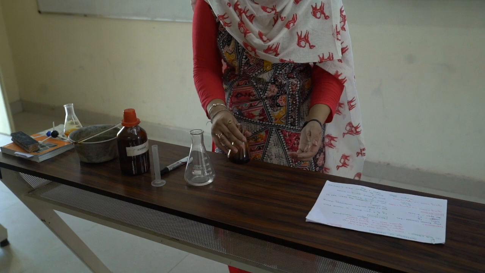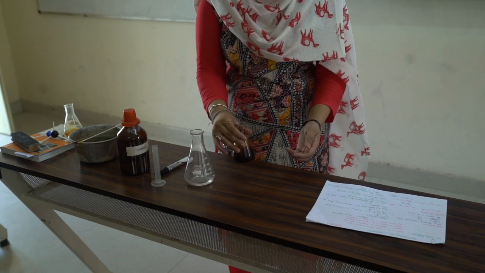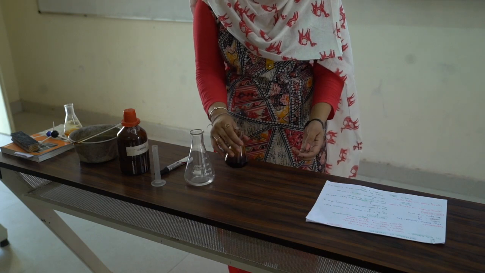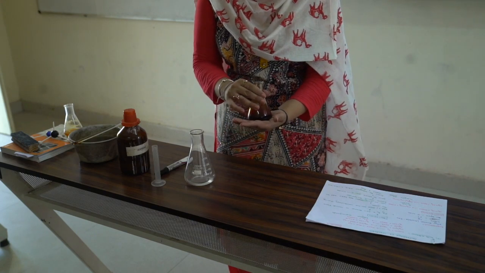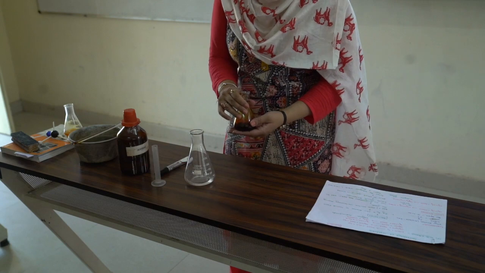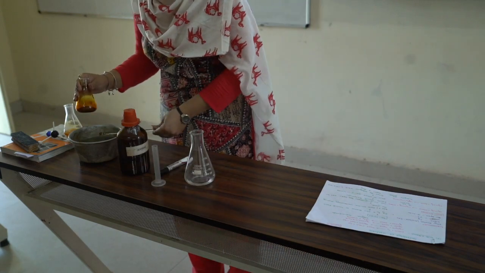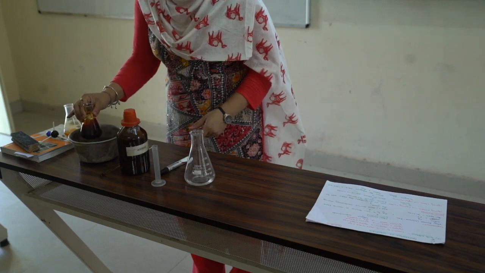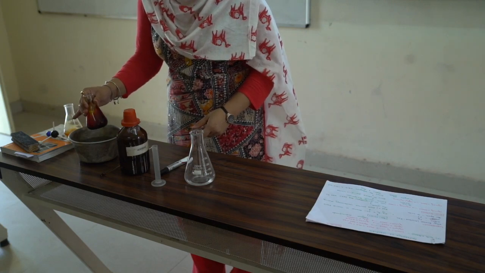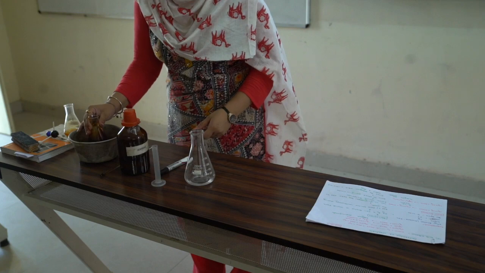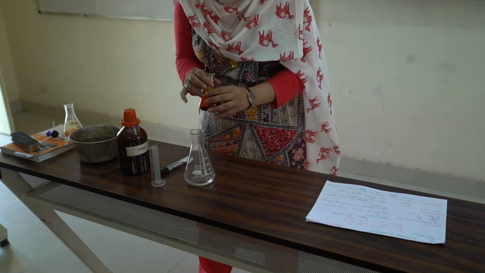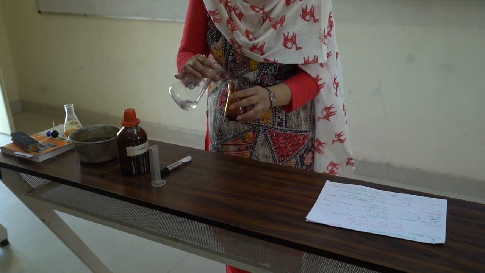Take the precautionary step that the solution should not be too hot. If it persists, then keep your conical flask under running tap water or in cold water, as I have taken cold water in this bath. Afterwards, again start adding the sodium hydroxide solution.